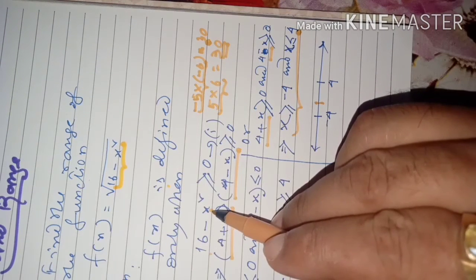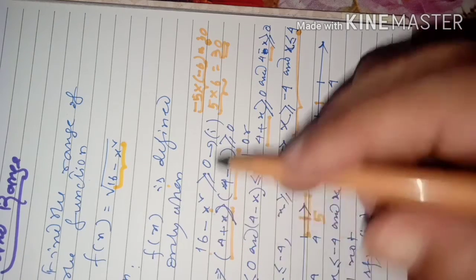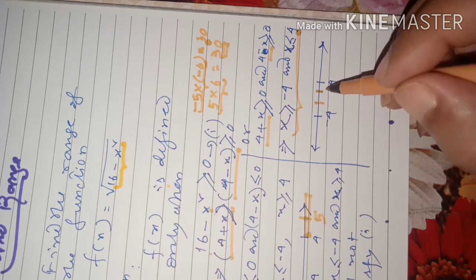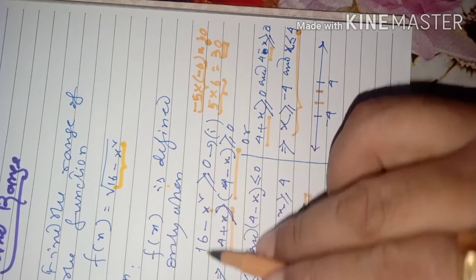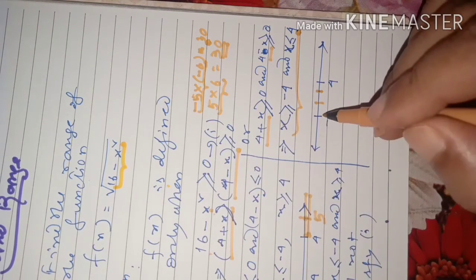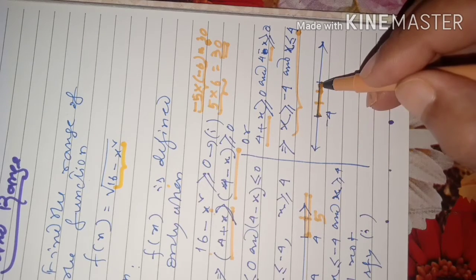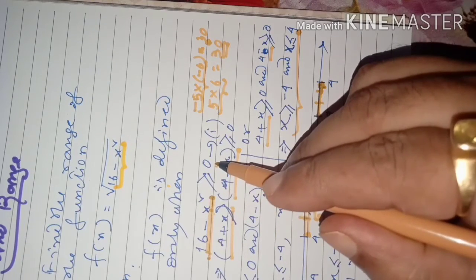If I put here minus 3, square will be 9. 16 minus 9 is a positive number, 7. If I take 3 also, suppose 3 less than 4, 3 also will give us 9. 16 minus 9 is 7, a positive number, greater than 0. That means all the numbers lying between minus 4 and plus 4 will be able to satisfy this inequation.